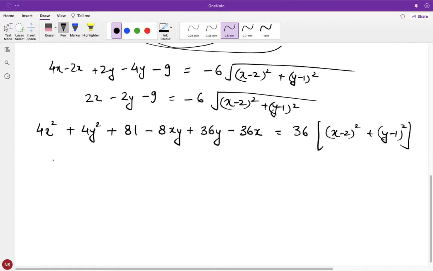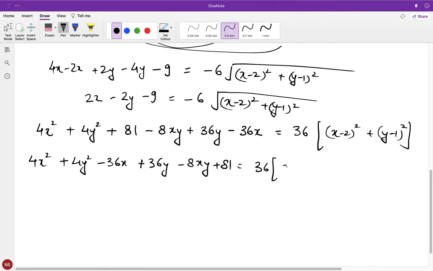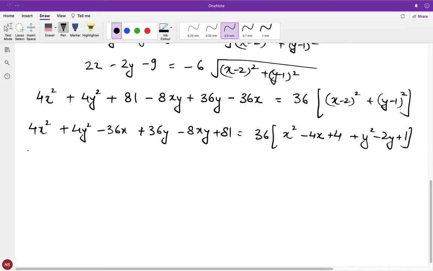Now let us open the brackets once again. Minus 36x minus plus 36y minus 8xy plus 81 equals 36 times x square minus 4x plus 4 plus y square minus 2y plus 1. 4x square plus 4y square.